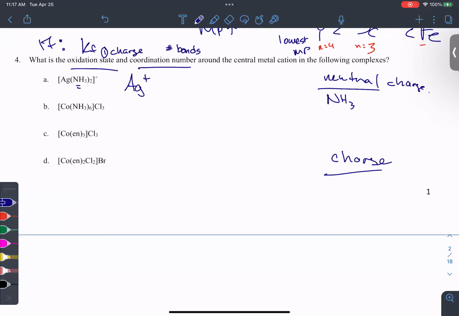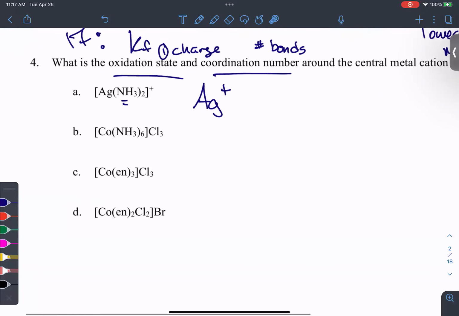There's two neutral things on it, and we see the whole complex is plus charge, so silver has to be plus. So its oxidation state or number is 1. What is its coordination number? Again, not necessarily the number of ligands, but the number of things bonded to it, or the number of bonds to it. We see there's 2 ammonias, so the coordination number here is 2.